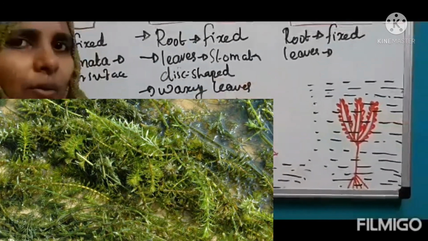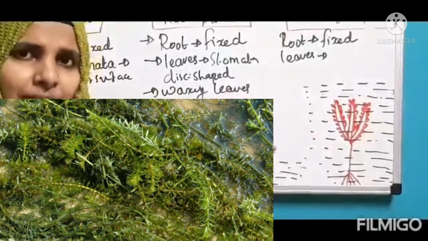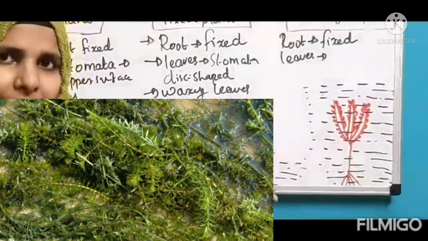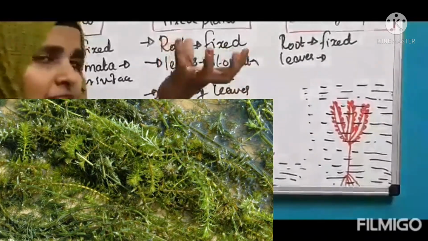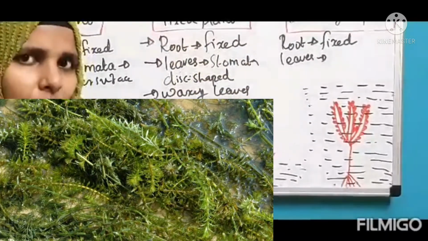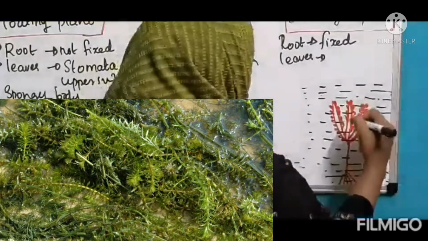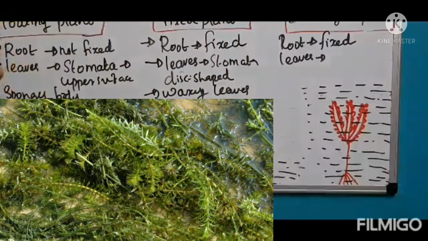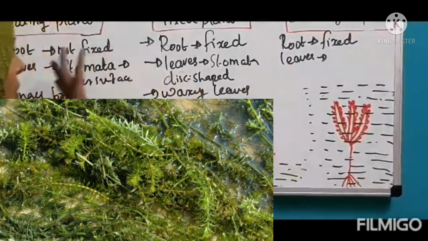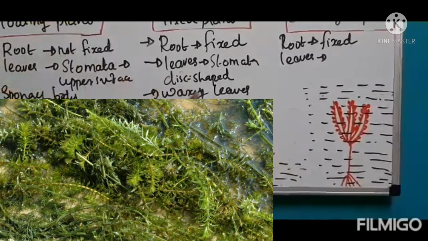So how can they exchange their gases, children? Without stomata, they take the dissolved gases from the water through its body. That is the leaf speciality. These are the different adaptations of aquatic plants.